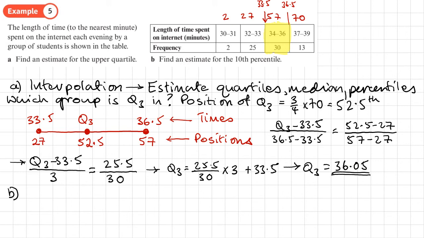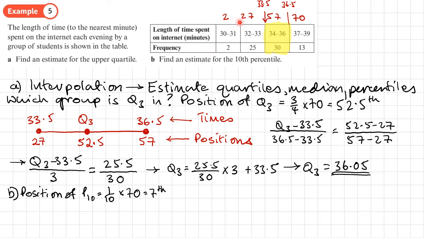And then part B, I want to find an estimate for the 10th percentile. So the first thing I need to do is to work out the position of the 10th percentile. So the position of P10. So that'll be 1/10 times by 70. So it's the 7th value.